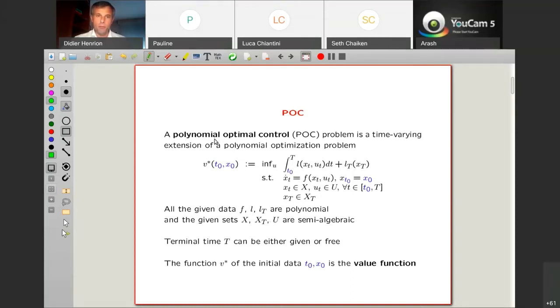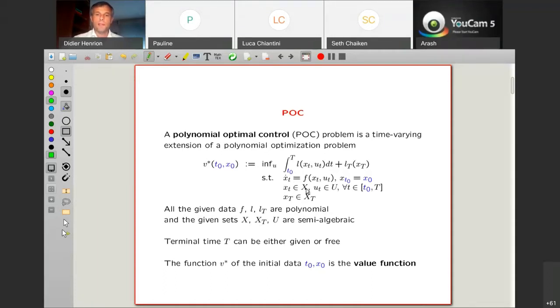The name polynomial here refers to the fact that all the data are algebraic or semi-algebraic. Namely, the dynamics, the velocity prescribed by f, is a polynomial map. The integrand, also called the Lagrangian, L, is a polynomial of x and u, and so is the terminal cost, L_T.